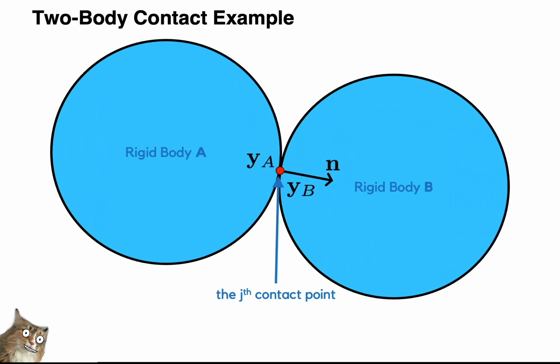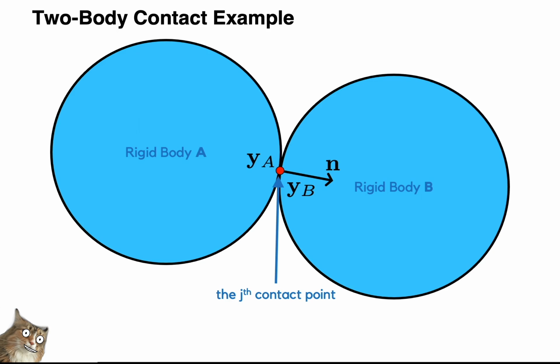As in our initial example, we assume we have a working contact detector, which will find this contact point and compute our contact normal. Note that we are choosing the surface normal that points from rigid body A towards rigid body B. You've probably been asking yourself why I've been writing down 2 contact points, one on object A and one on object B.